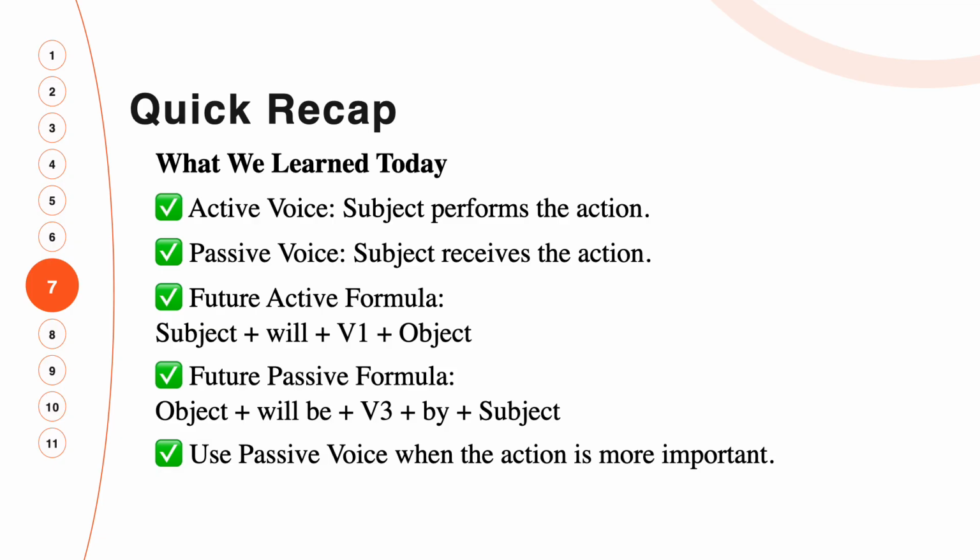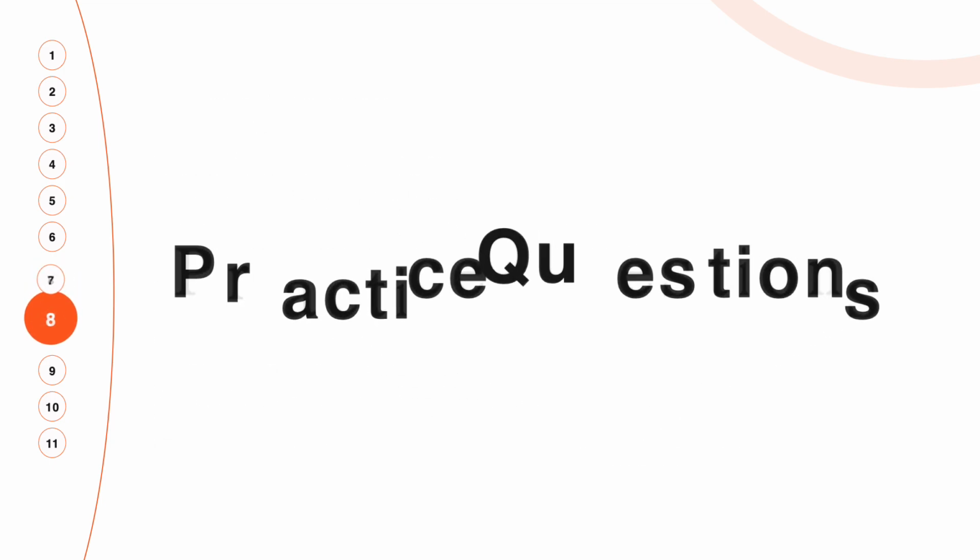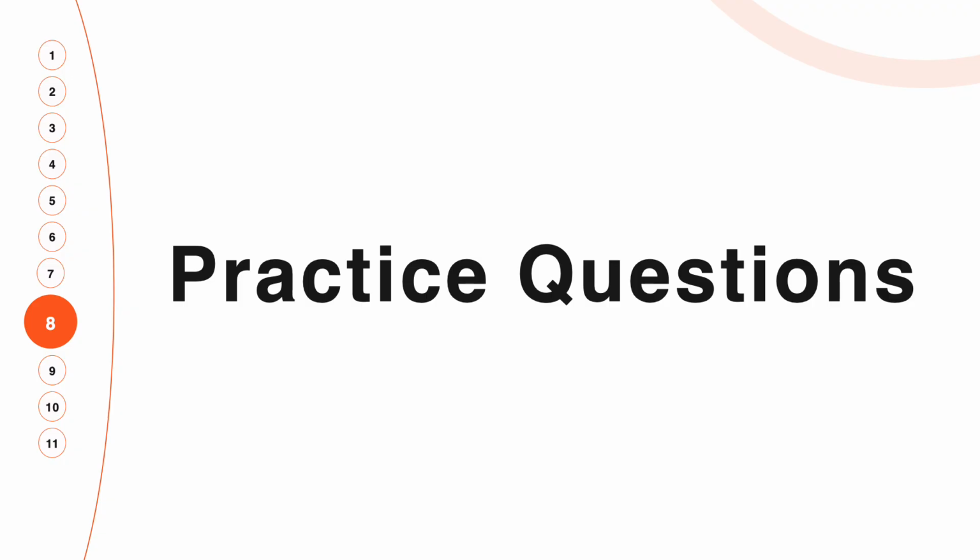Now with future passive you can use object plus will be plus version 3 plus by plus subject. Now use passive voice when the action is more important. Now you can use the passive voice in, as we stated, official notices or announcements. Now here are some practice questions for you.